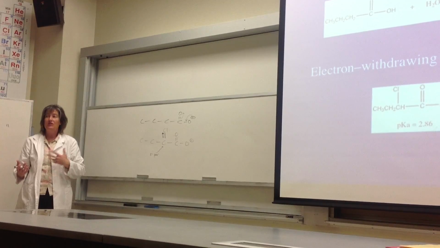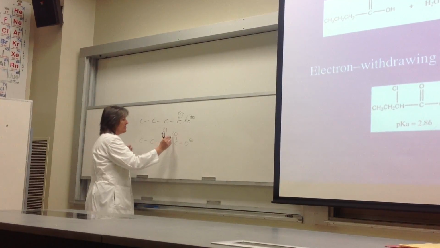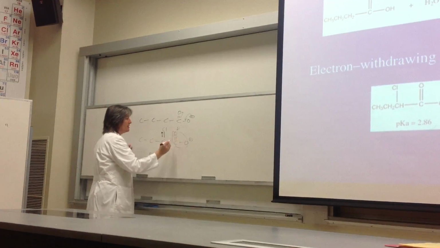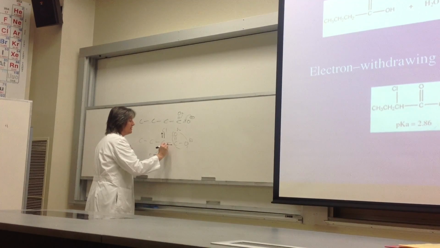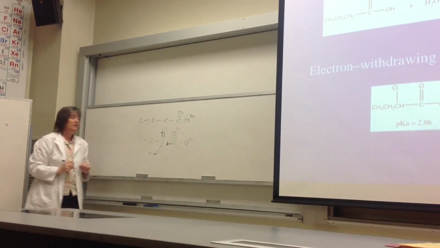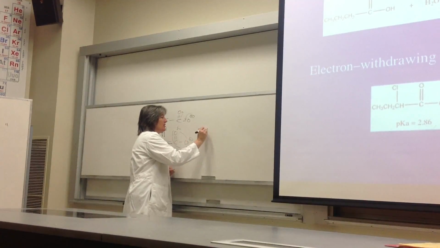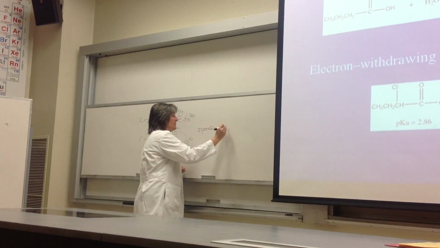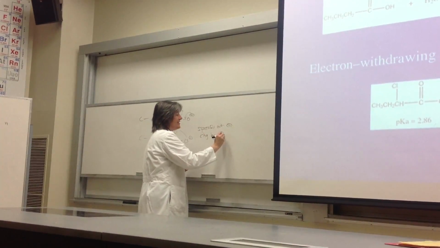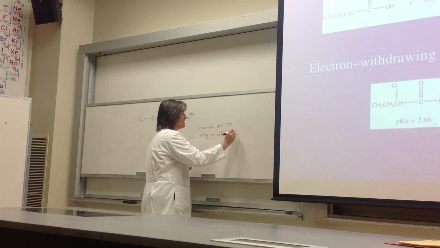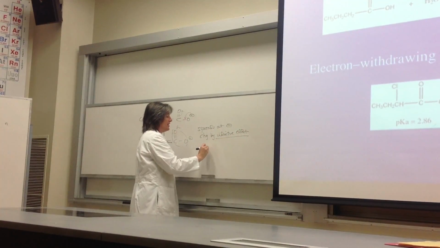So it in turn is looking for electrons. And so it sees this big delta minus over here, and it starts to pull towards itself. And what that does is it spreads out the negative charge. And that is just the inductive effect. It's not that powerful, but it helps a little bit. That's it through sigma bonds.